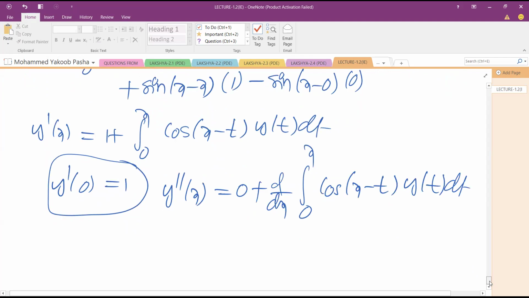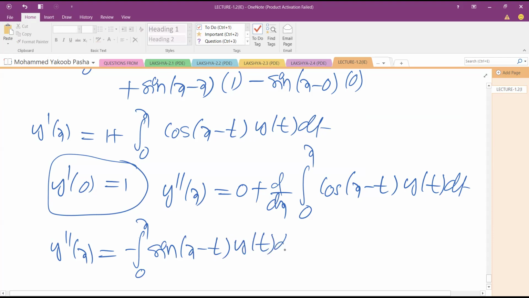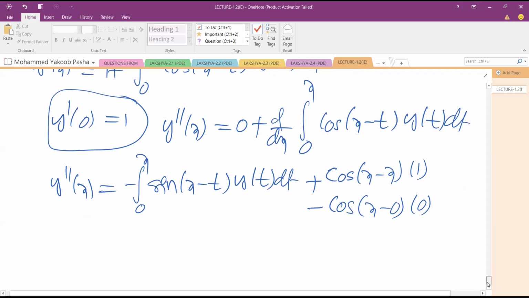So y double dash of x is equal to, again use the Leibniz rule here, minus the integral 0 to x of sin(x minus t) y of t dt, plus, replace t by the upper limit, that is cos(x minus x), times the differentiation of the upper limit, minus cos(x minus 0) times the differentiation of the lower limit, that is 0.